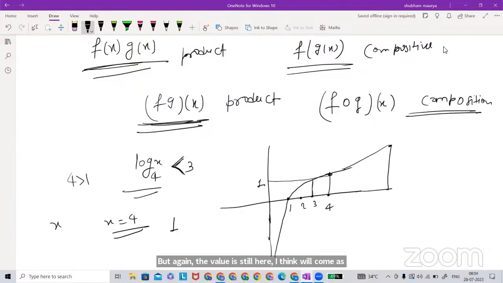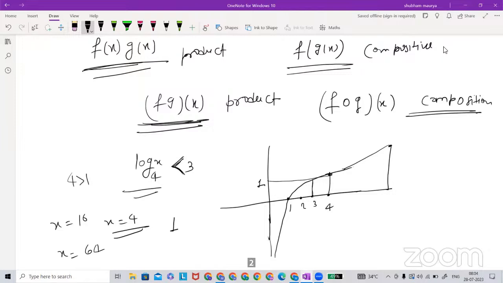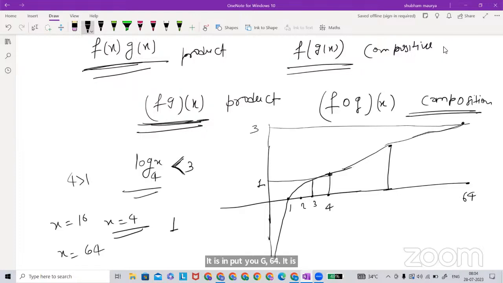For x is equal to 16, what value will come? 2. And for x is equal to 64, what value will come? 3. Till 64 the value is still 3 only. So these values are lesser than 3. Now is it clear?